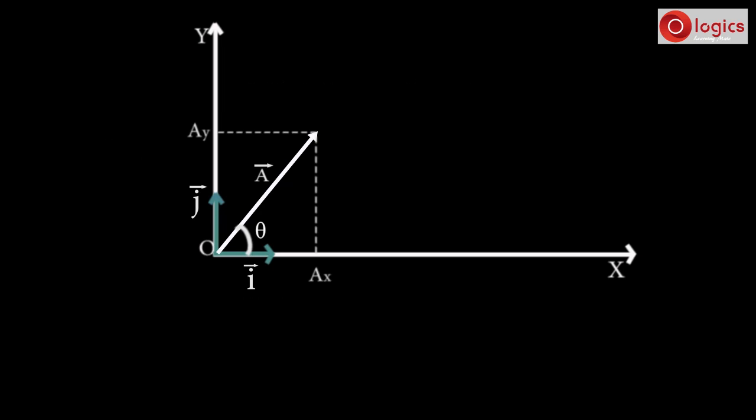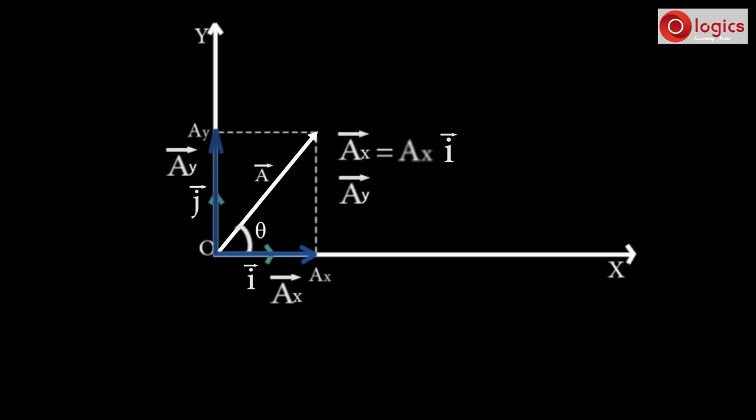The vector along the x-axis to point Ax is Ax bar, where Ax bar equals Ax into i bar. Similarly, the vector along the y-axis to point Ay is Ay bar, where Ay bar equals Ay into j bar.